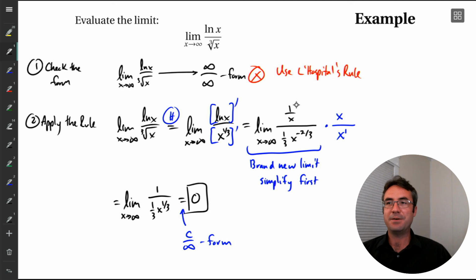So if you get to a point, try to simplify the result before you try using L'Hopital's rule again. And that's what we did here. Brand new limit, try simplifying it first. And simplifying it in this case, we were able to see that now we no longer have an indeterminate form. We can do a little algebra there to write it in a form we recognize. So c over infinity, we know what that's doing. That's going to 0.